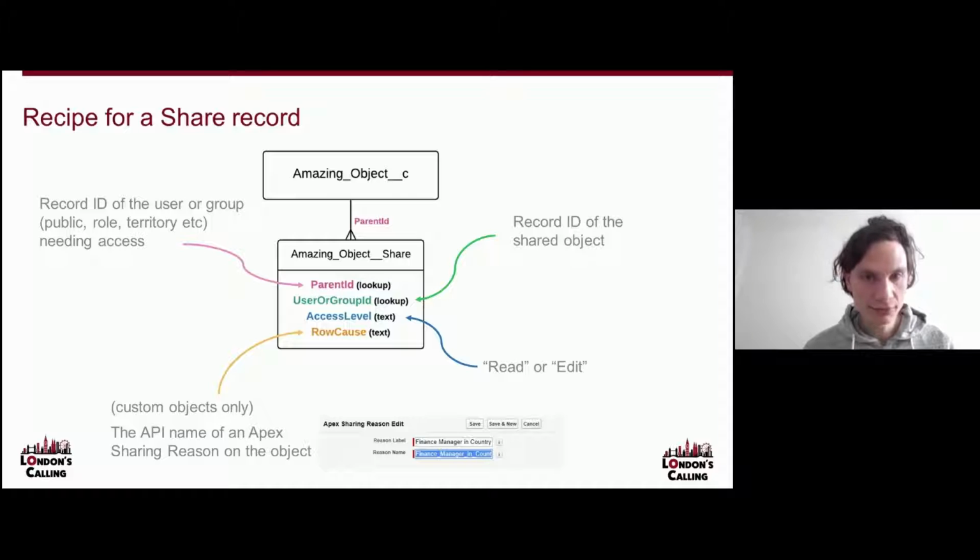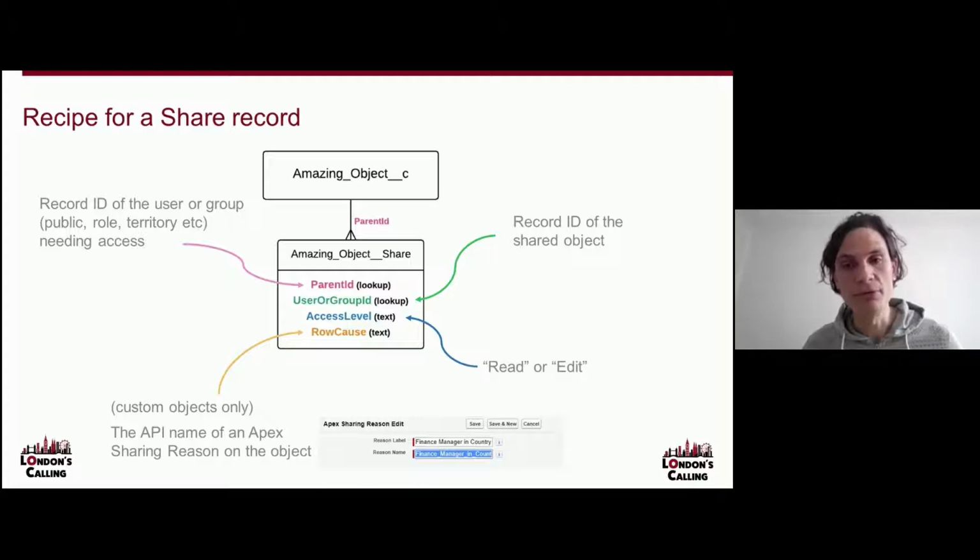And then lastly, for custom objects, we've got this really helpful capability, row cause. Row cause can be populated with the API name of an Apex sharing reason. Apex sharing reasons can be set up against any shareable custom object, and essentially it's a way to set up a category of sharing.